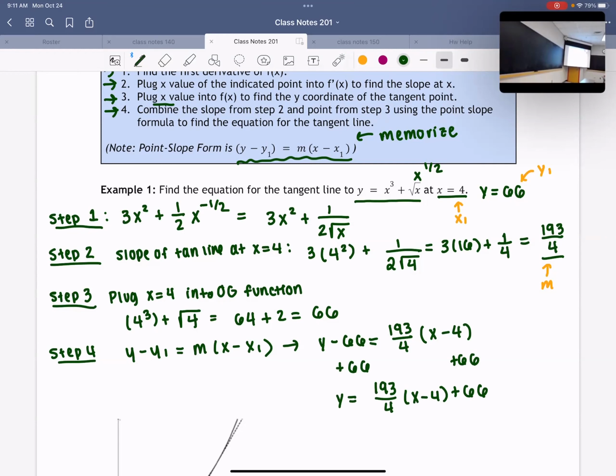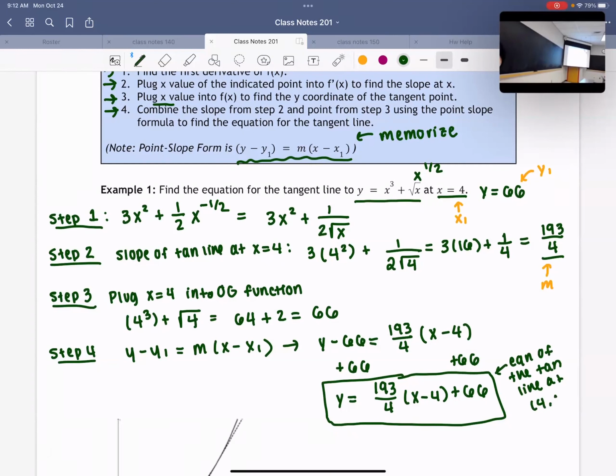But for some reason, the textbook uses this notation, so let's just keep it like this and not do anything more. So what I just found here is the equation of the tangent line at this point. And the point is (4, 66).